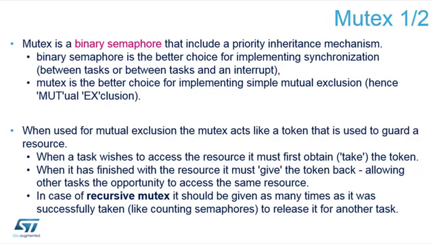If the mutex is not present, I will get blocked. I can't continue, I can't use this UART. Only when the task that got the mutex finishes, it must return the mutex back. So it gives the token back, and another task waiting for the UART can take the token now.